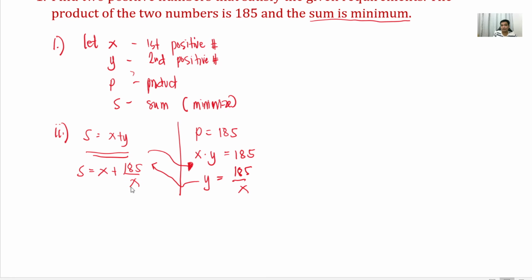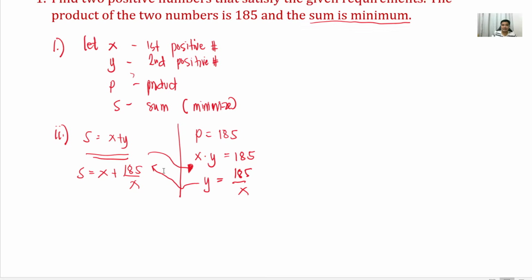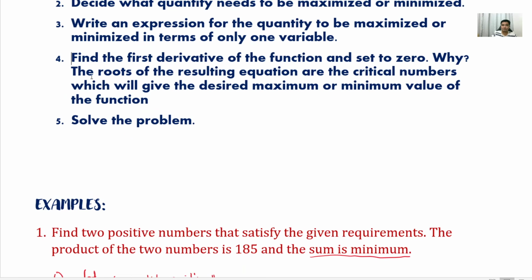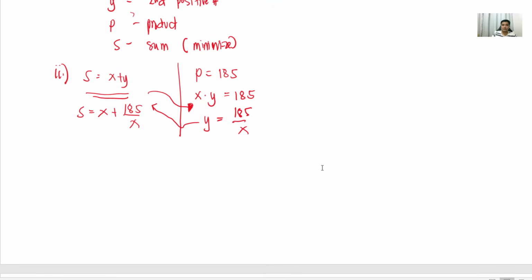Isang variable na lang ba siya? Yes. And then ano yung sabi natin? Pag naset na natin to one variable, find the first derivative of the function and set to 0. So, first derivative is now, derivative of your sum with respect to x is equal to, derivative ni x is 1, plus derivative ni 185 all over x, applying quotient rule, magiging x squared sa denominator.